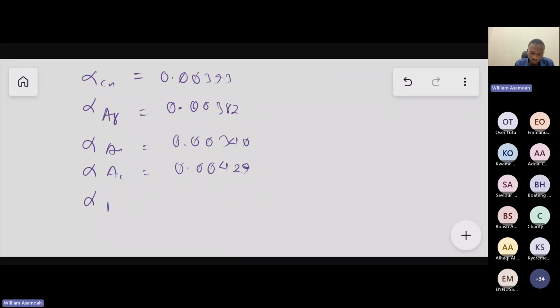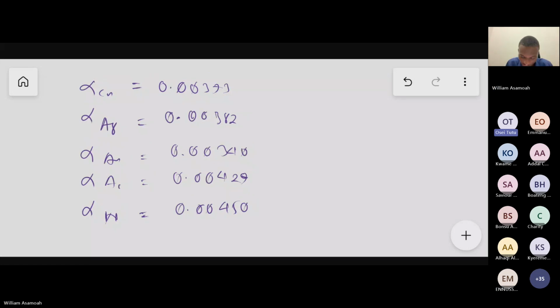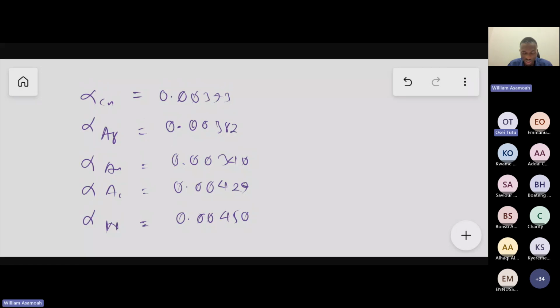Then alpha of tungsten. Do you know tungsten? Have you heard of it before? Great, what's tungsten? The hardest metal on the planet. Okay, the metal with the highest melting point, right? Yes, in its pure state.